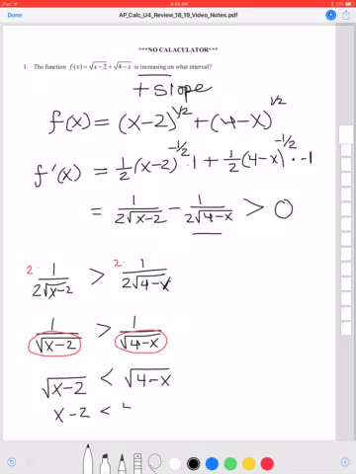Alright, now we can square both sides. Add x to both sides.